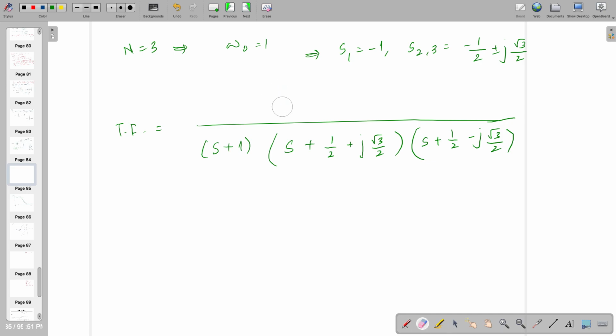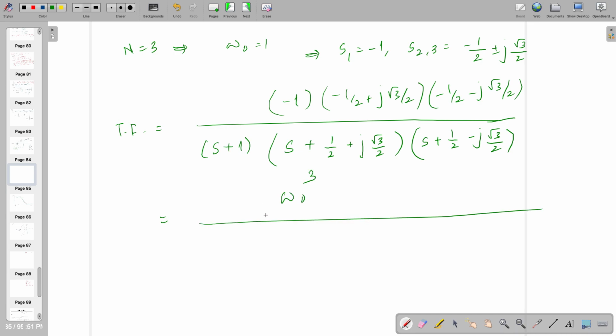If you're writing in this way, then the DC component will be different. I guess you can understand how I have written this, right? So using this equation, I'm writing some general equation which I found out.